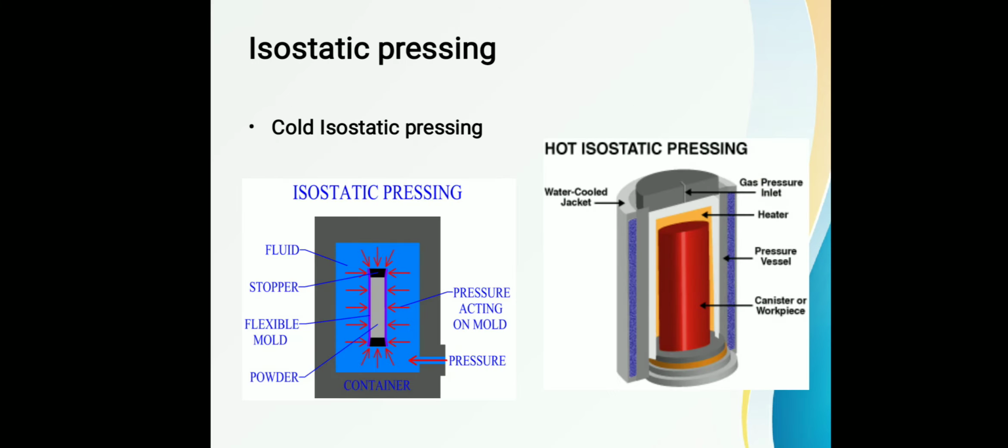In that slide we see cold isostatic pressing. In the first figure, the compaction is performed at room temperature, but the mold is made of rubber or another elastomer material. Water and oil are used as hydrostatic pressure against the mold inside the chamber.